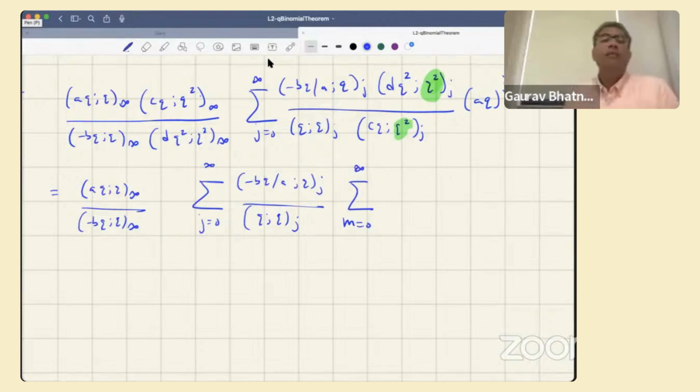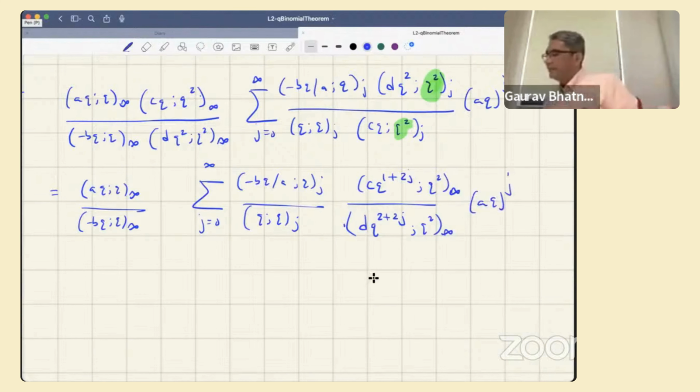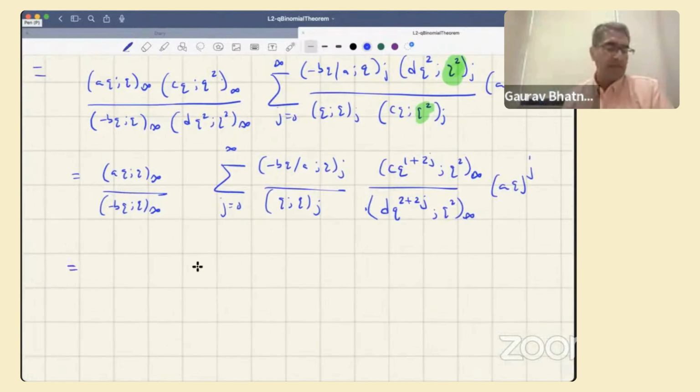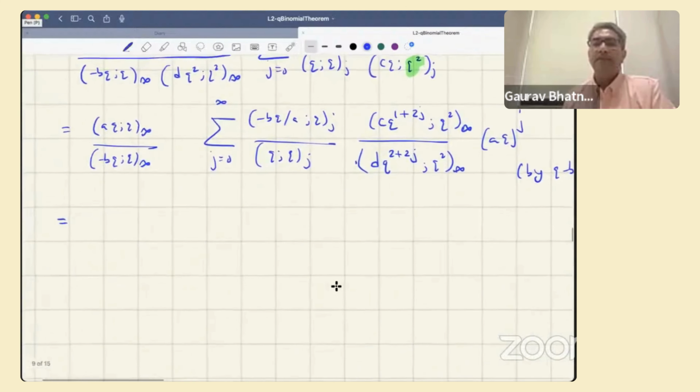So we have d q 2 plus 2j, q square infinity and c q 1 plus 2j, q square infinity and a q to the j. Right? So this is again using q-binomial theorem. Same technique as we did earlier.